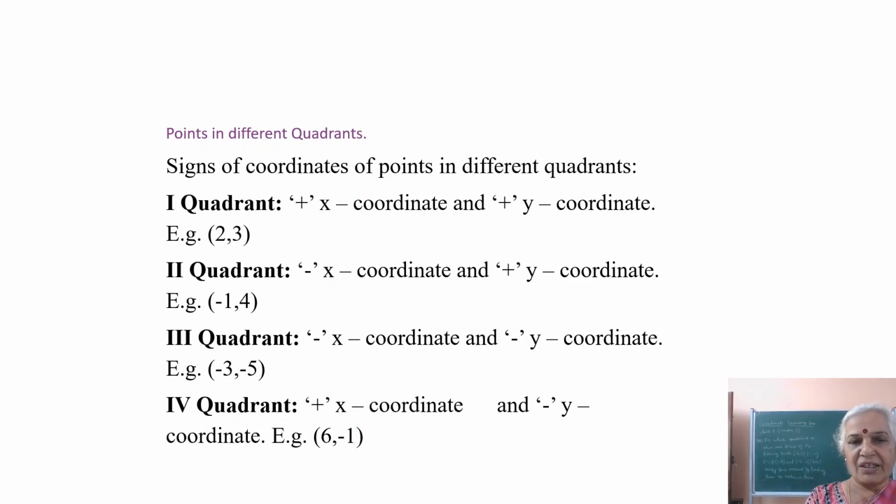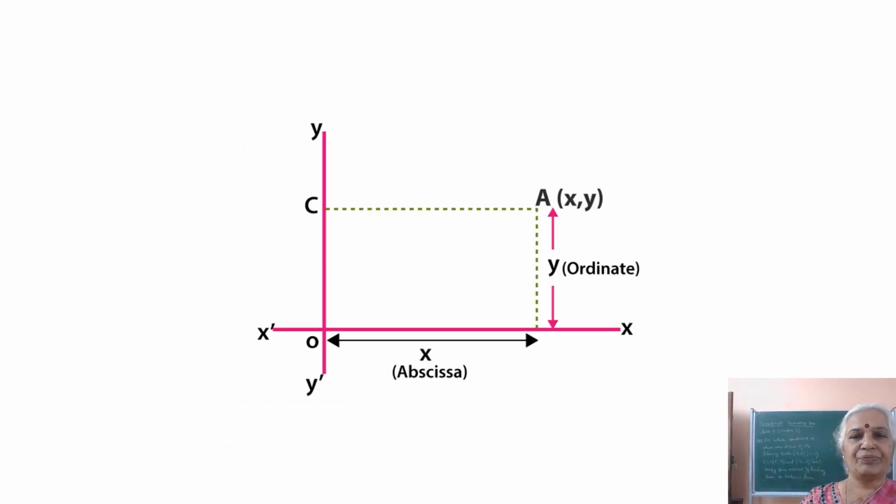Therefore, -3 and -5 we are going to mark in the third quadrant, and in the fourth quadrant, x is plus and y is minus. That is 6, -1 we have to mark in the fourth quadrant.